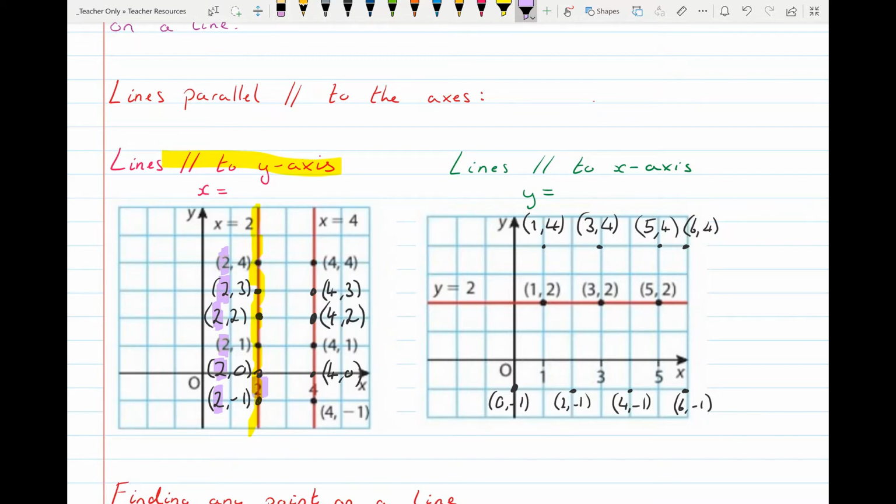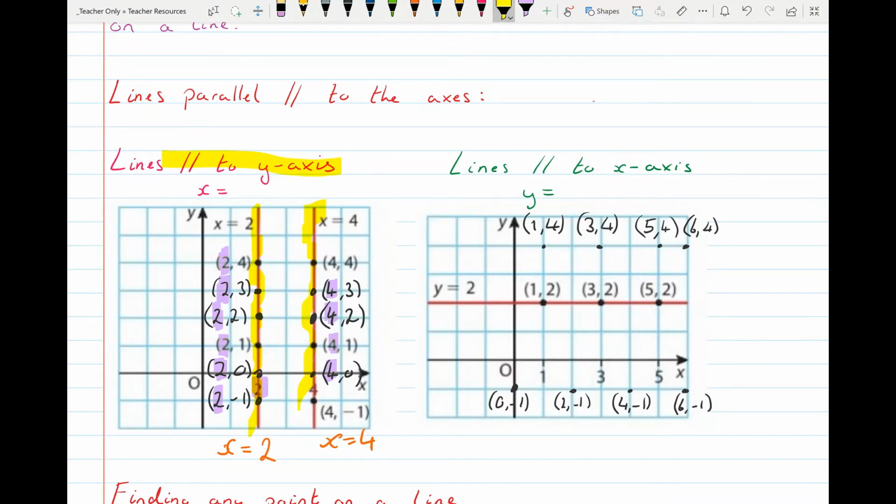So the equation of that line is simply going to be x equals 2 because all of the points on that line have an x value of 2. And the same principle goes for this line where they all have an x value of 4. So that line is going to be x equals 4.